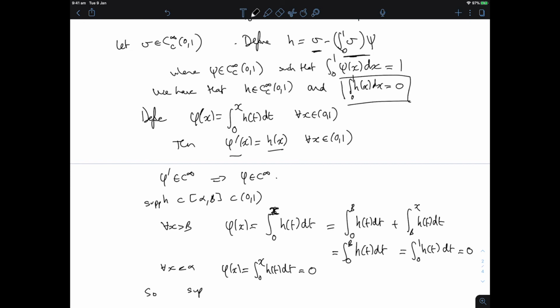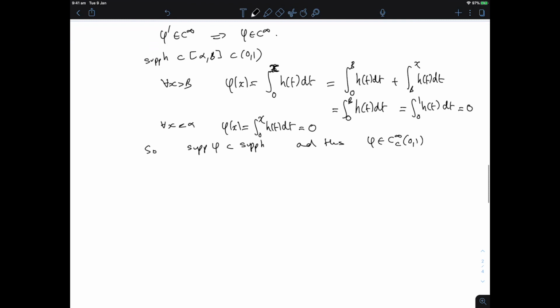So we have that the support of phi is actually included in the support of h, and thus phi is indeed C infinity and compactly supported. Now, by the first step, we have that the integral of u bar against such a phi prime is equal to the integral of u against such a phi prime, and phi prime is h. That's the way we've defined phi.